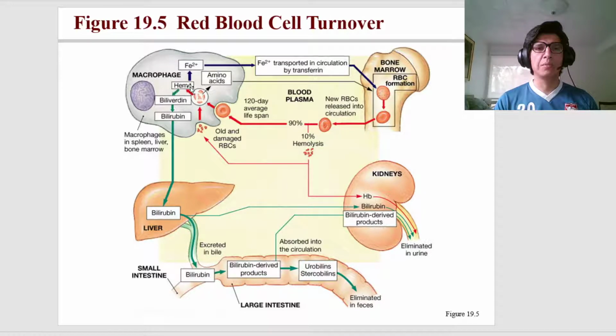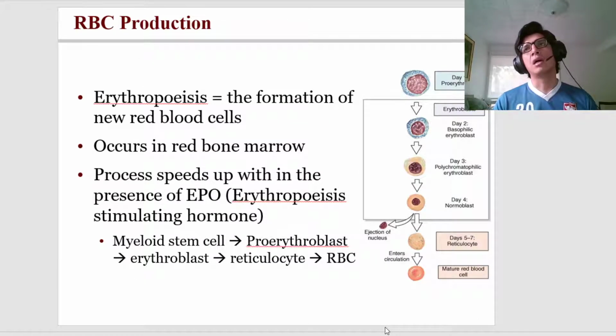The heme group, that inorganic moiety, gets converted to bilirubin, and then the bilirubin gets released through the gallbladder into the large intestine. From the large intestine, this bilirubin gets converted to urobilins or stercobilins. Some of those bilirubin intermediates are going to be eliminated in urine, and others eliminated in feces. This is what gives your excretions their particular color.